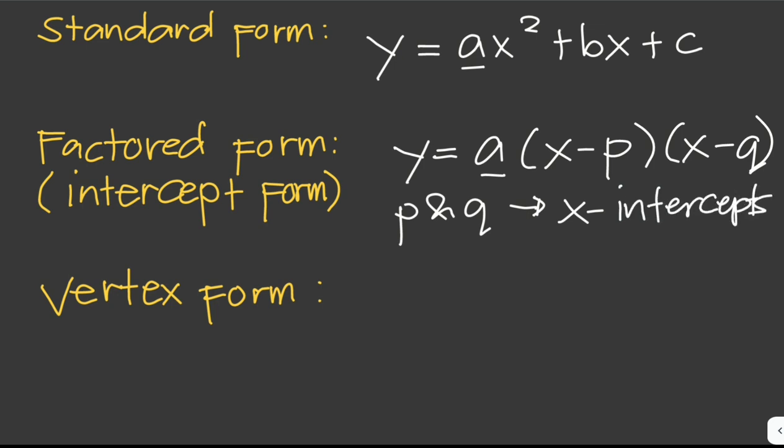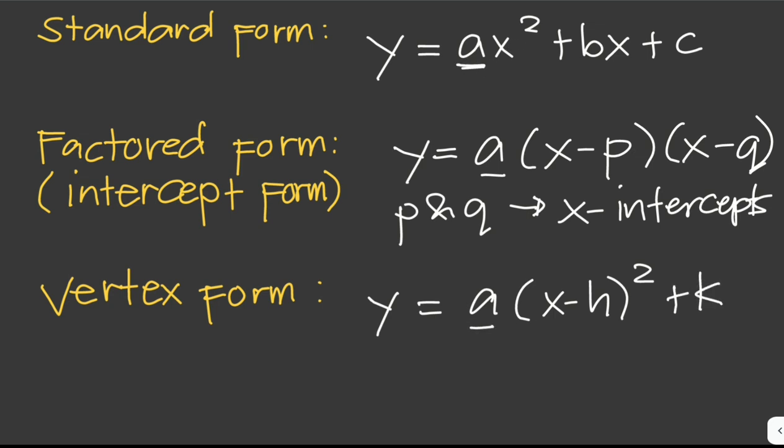And for the vertex form, it is in the form y equals a times x minus h squared plus k, where a here again is the same as a in the standard form of equation, and h, k here is the vertex.